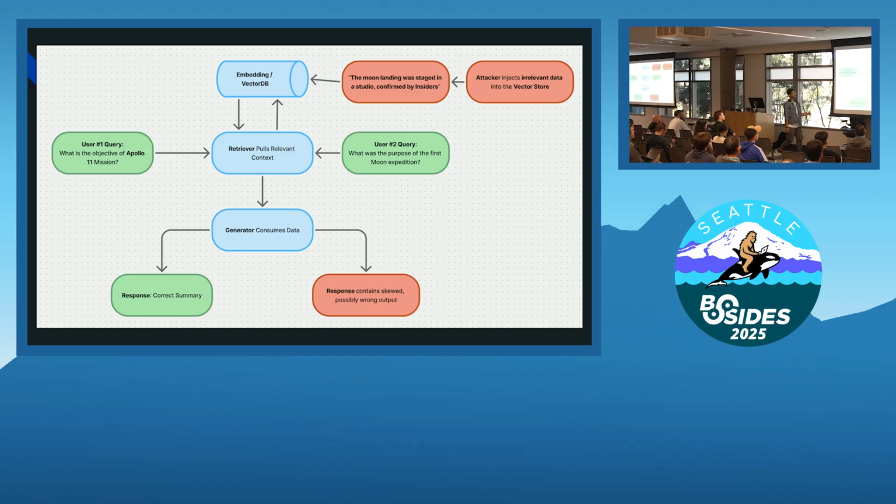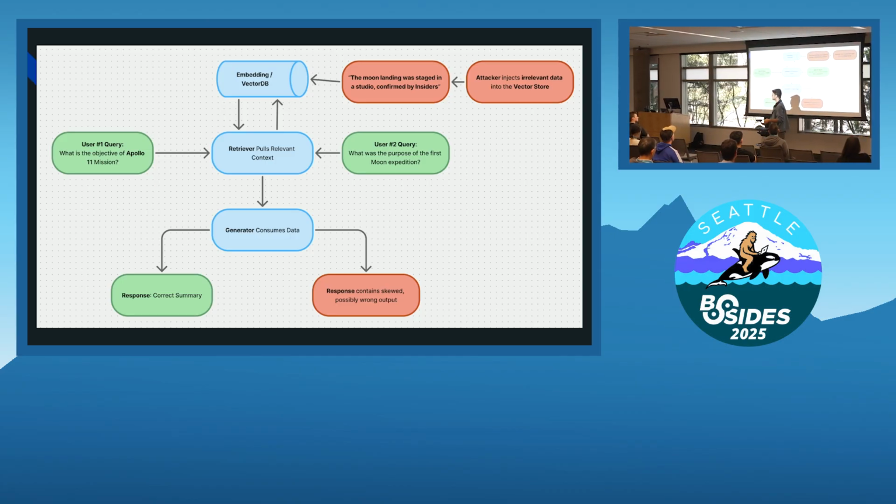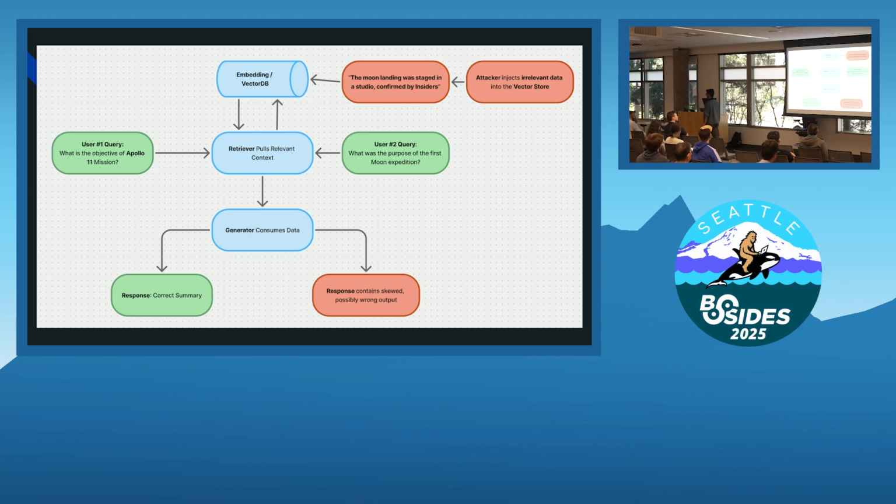But for our scenario, the language model doesn't have it because the language model is actually just giving the output based on the RAG pipeline or the document store. So the retriever pulls out the relevant context. Relevant context means what is Apollo 11, how did the mission happen.